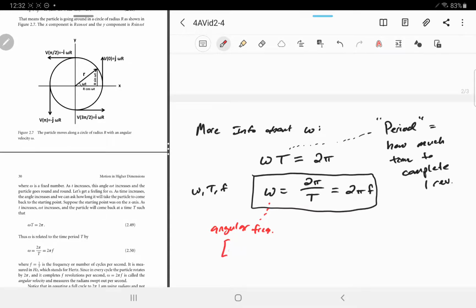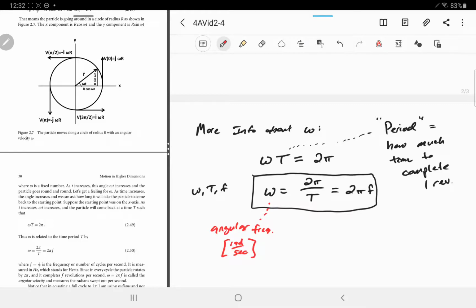The units are radians per second. So if omega is 2 pi, for example, that's saying that the particle is undergoing 2 pi radians every second. So if omega is 2 pi, it takes just 1 second to go around the circle.